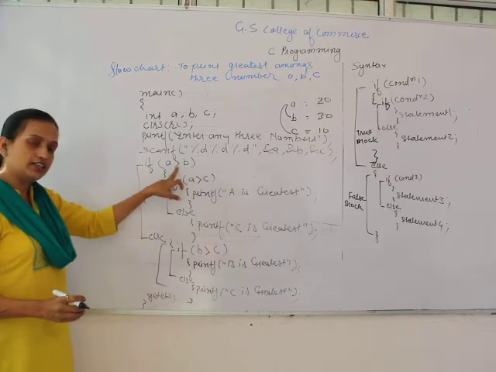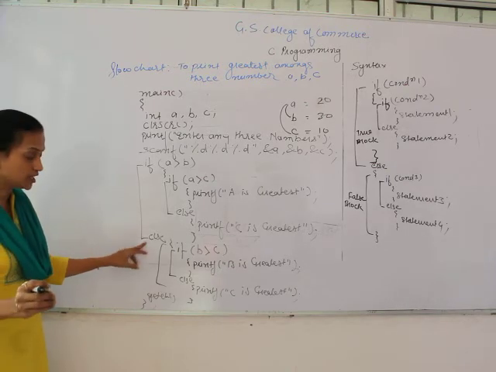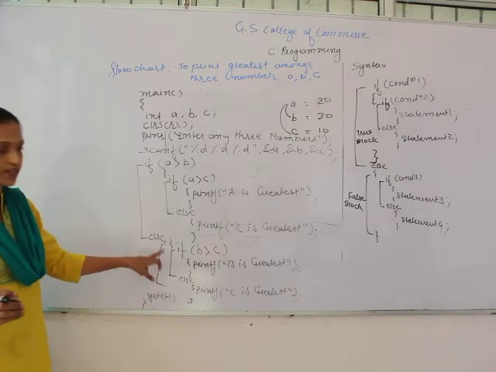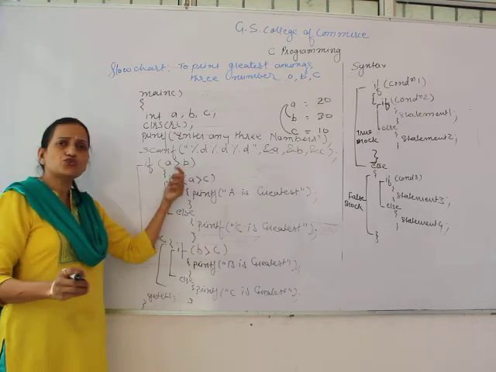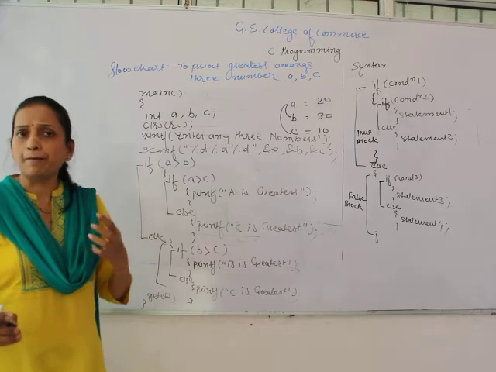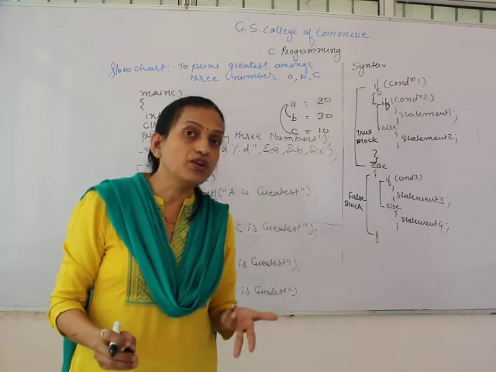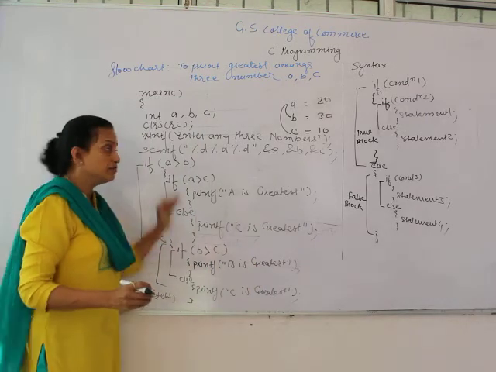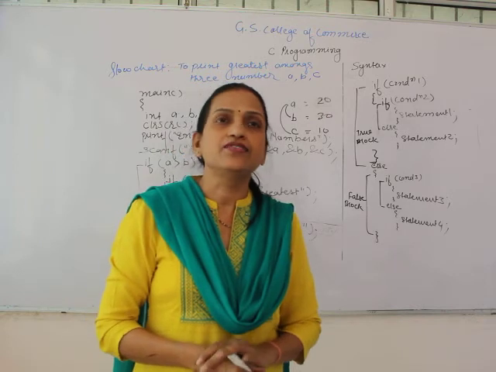But if this condition is false, then the control of the program will transfer to the else block, which is also known as the false block. So whether the condition is true or false, whichever block the compiler enters, it will find one more condition nested below this condition. That's why it is known as a nested if statement.